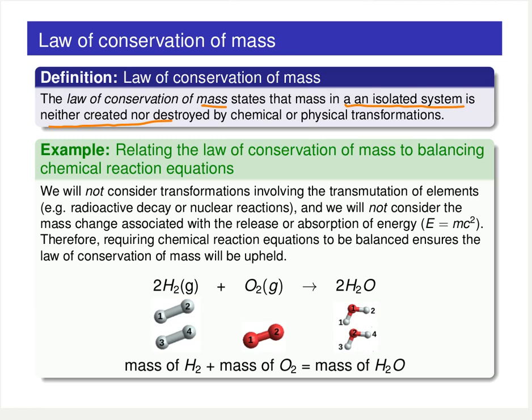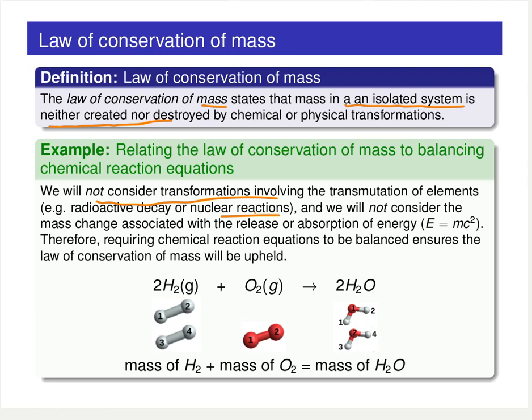And so for the purposes of this class, we are not going to consider any sort of transformations where you involve changing the elemental identity. So any sort of nuclear decay, nuclear reactions, we're not going to talk about that. And we're not going to consider any sort of mass changes that would then occur alongside these transmutations of the elements.